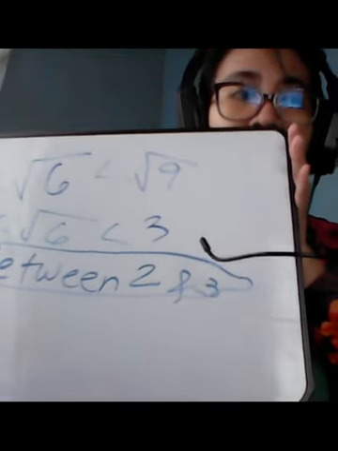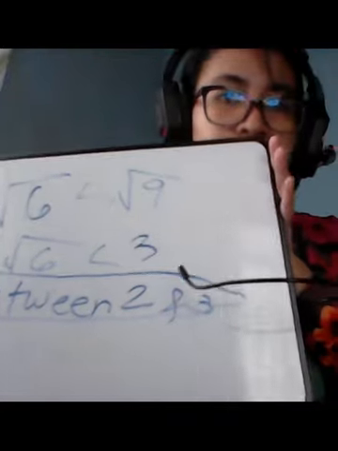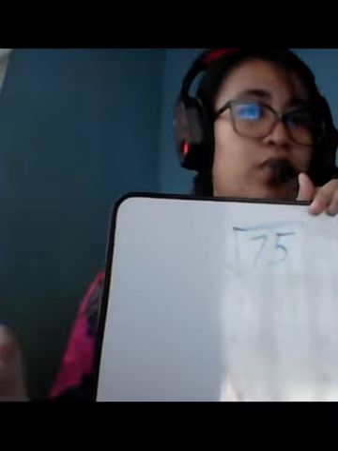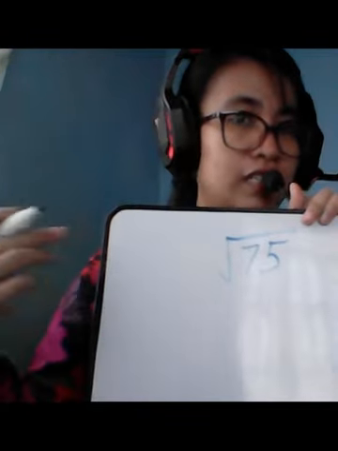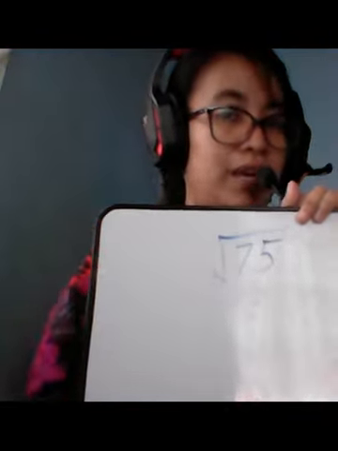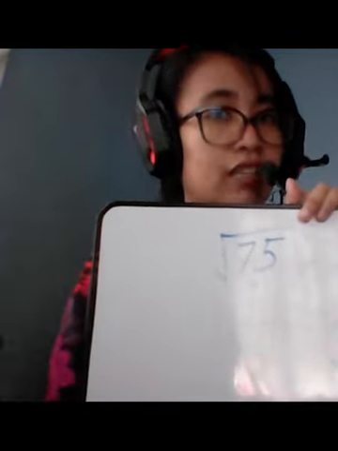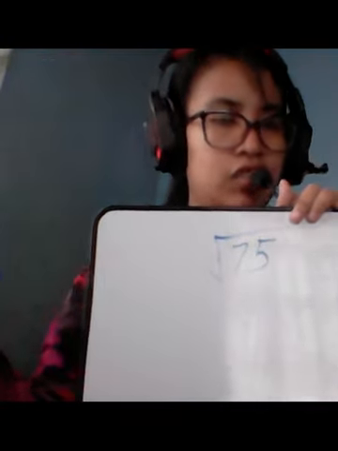How about the square root of 75? Again, we will think of a number that is less than 75 and greater than 75, then find its square root. Make sure that the square root of it is a consecutive integer.